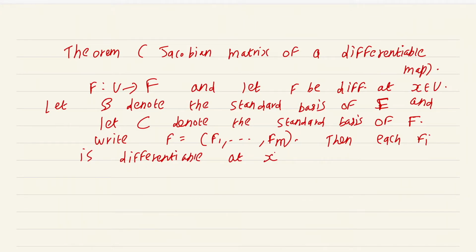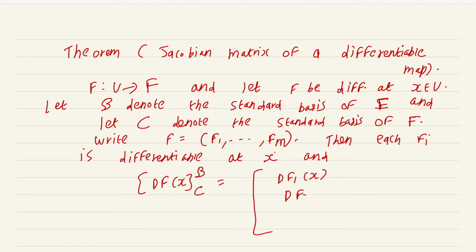So then each fi is differentiable at x, and the matrix of dfx, the matrix of the linear transformation with the basis B on the domain side and the basis C on the codomain, the standard basis, is nothing but gradient of f1 at x, gradient of f2 at x, dot dot dot, gradient of fm at x.